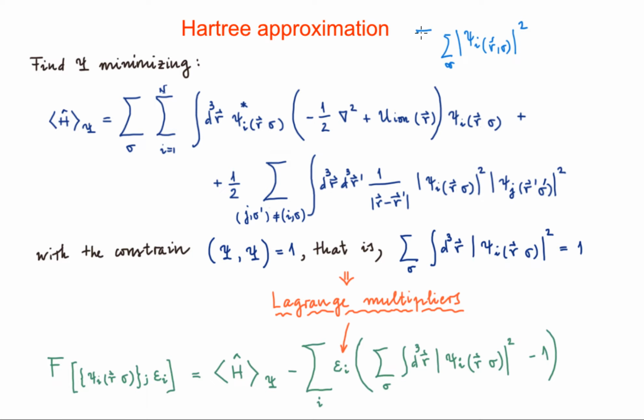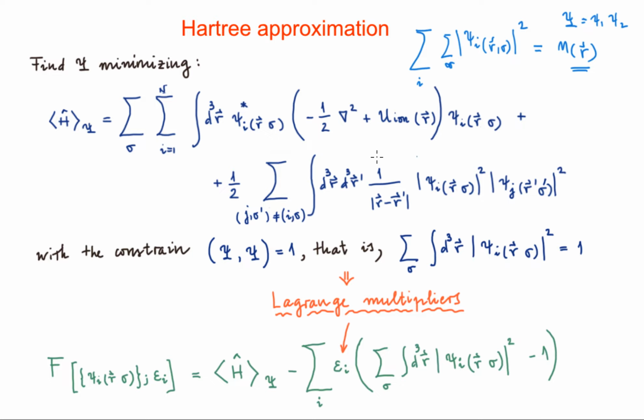If we sum over all the i states we have, that's going to be the complete charge density associated to a system represented by this kind of wave function, where we have a product of the individual electronic wave functions.